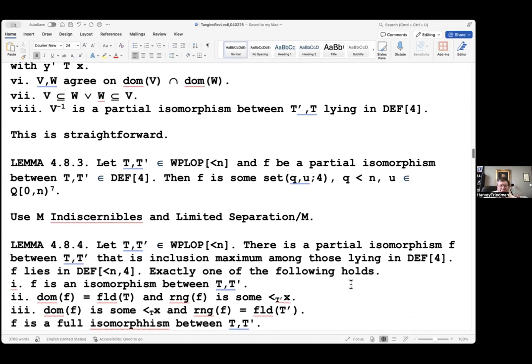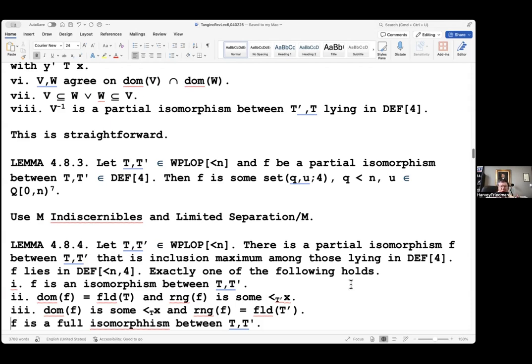Now, if you have two of these well-founded things and F is a partial isomorphism between them that's definable, then F is some set explicitly constructed from 7 parameters less than n. And for this, use M indiscernibles and limited separation.